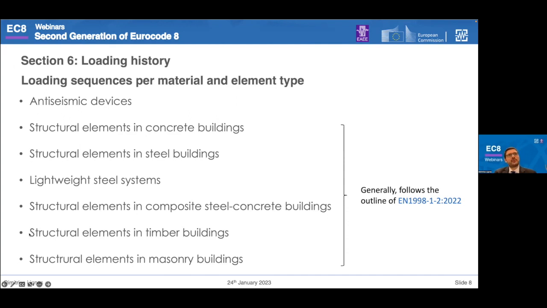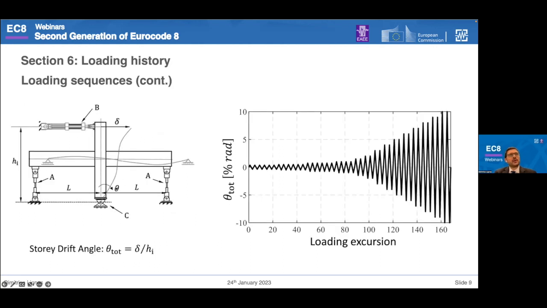So I will briefly illustrate, for instance, a typical load history on a beam to column joint, where usually the deformation quantity, such as the story drift angle defined here, is going to be related with load excursions that in most cases would be symmetric cyclic, such as to quantify demands up until loss of at least 50% of the peak strength of the respective element.